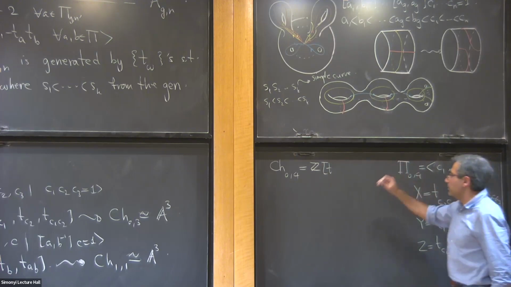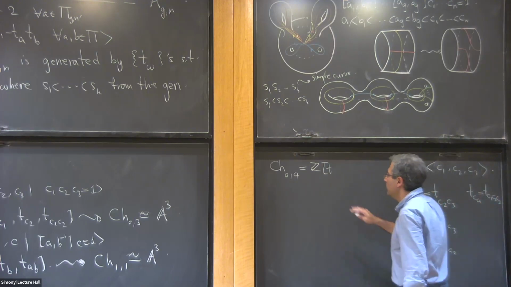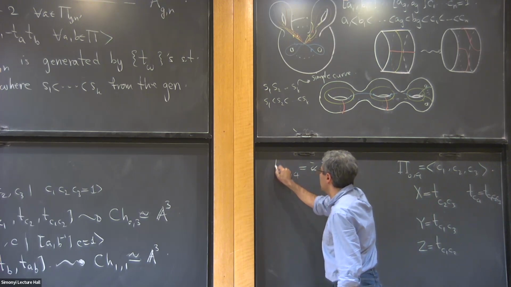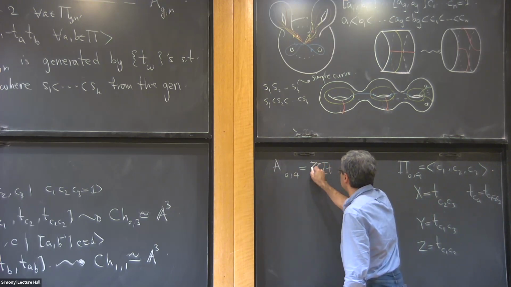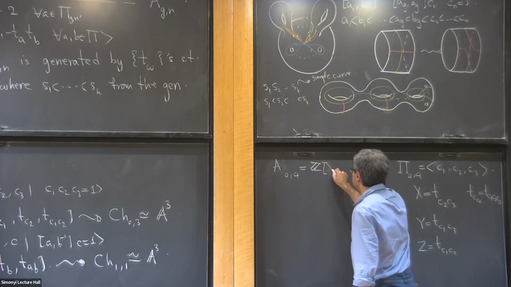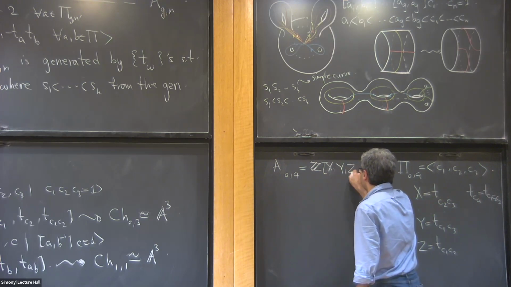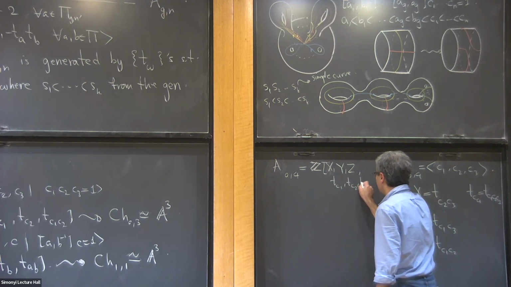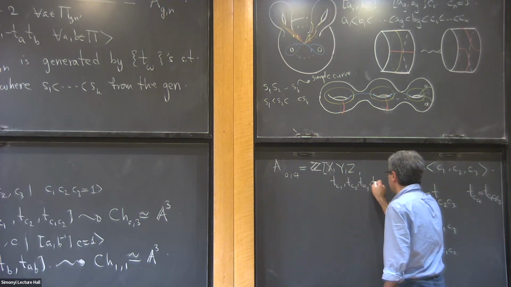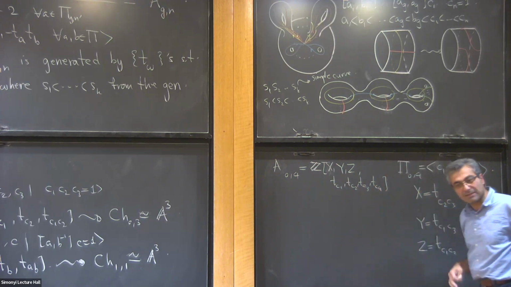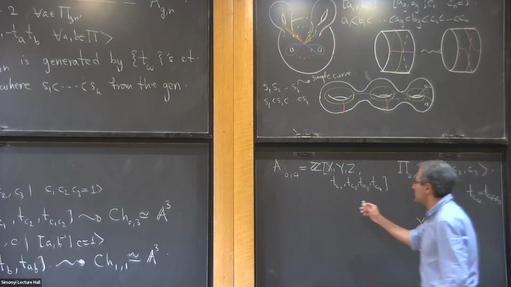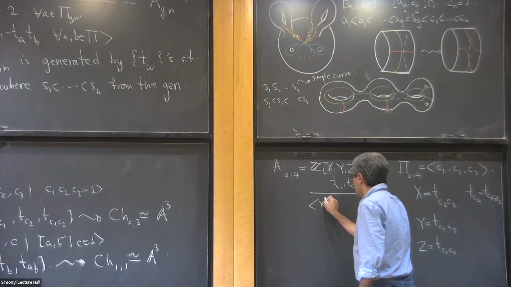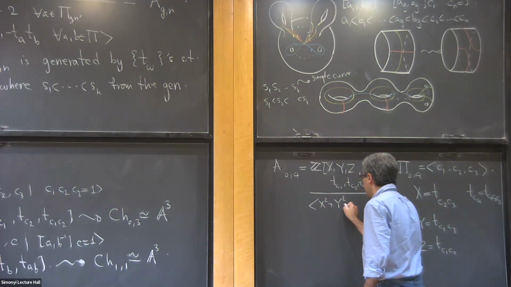So now, having that in mind, I know by Horowitz that this ring is generated by X, Y, Z, and these other variables that I said, which you have to kind of think about as constants. But there is a relation between them, and the relation is given by x squared plus y squared plus z squared.